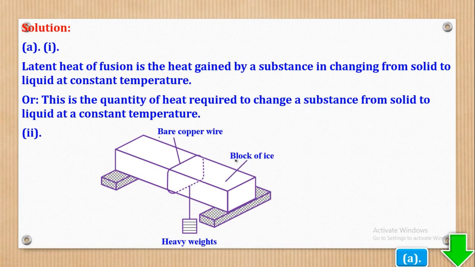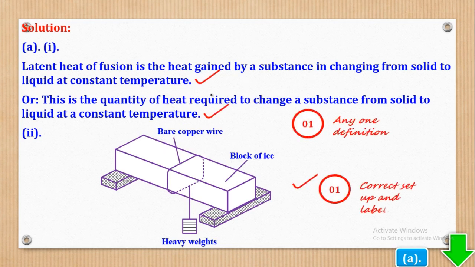So this is a block of ice. These are heavy weights, and this is the bare copper wire. So we shall see what each is used for in the next slide. So here you only write one definition, and here the diagram must be correct and all the labeling correct to get that 1 mark.